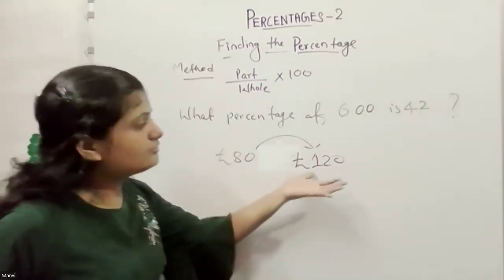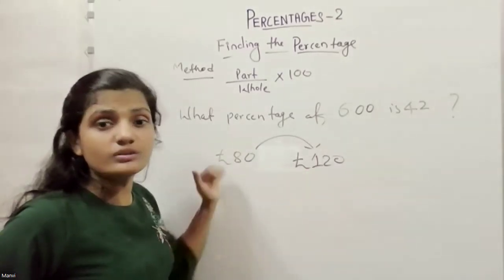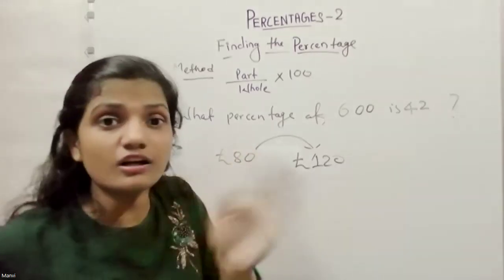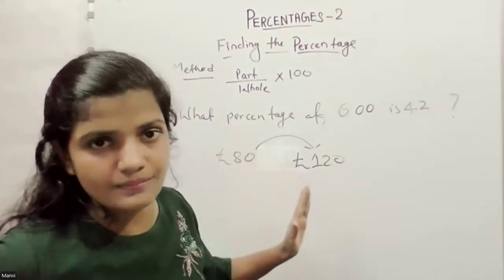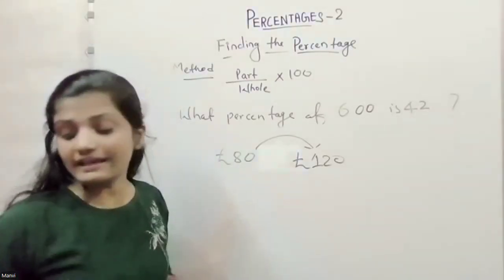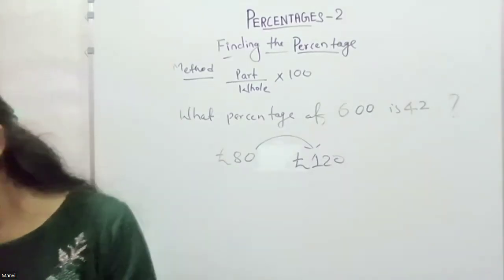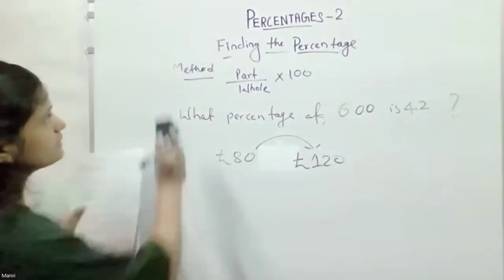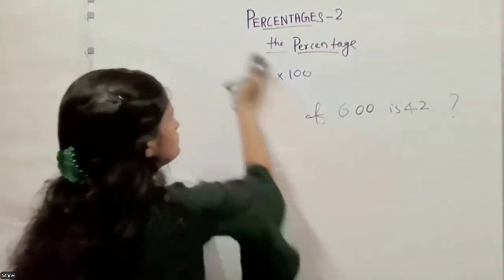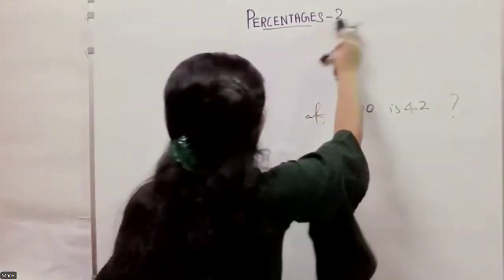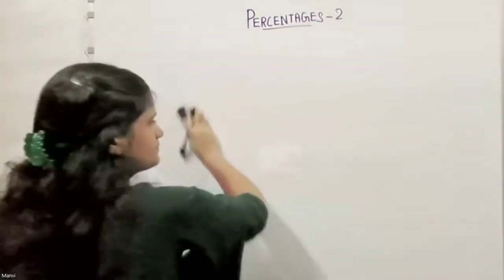Now I have 120 pounds. So what percentage did the amount increase? Not the value, not the pounds. What percentage did it increase? Is it 40%? Let me explain this one by one, like how we approach this type of sum.